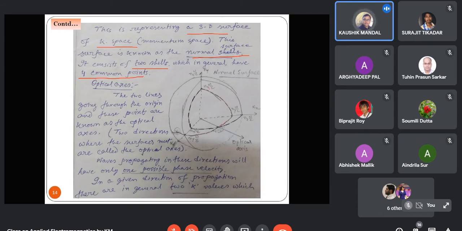So instead of considering this complex structure, actually we have considered 2 shells in this particular figure, centered at the origin of this coordinate system, where the axes are representing kx, ky and kz.